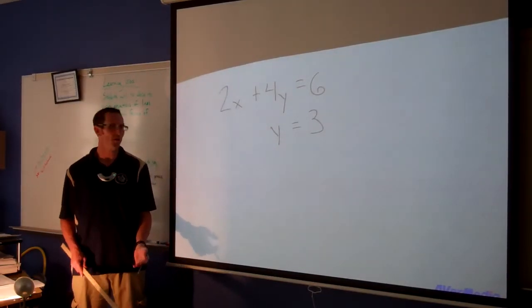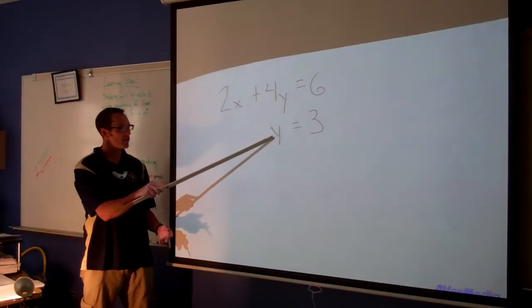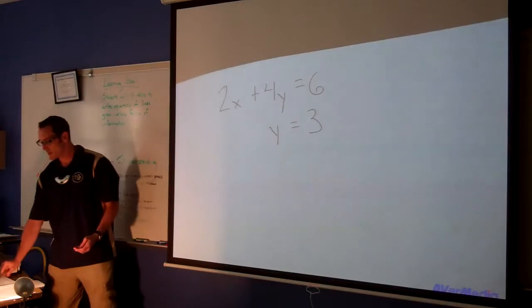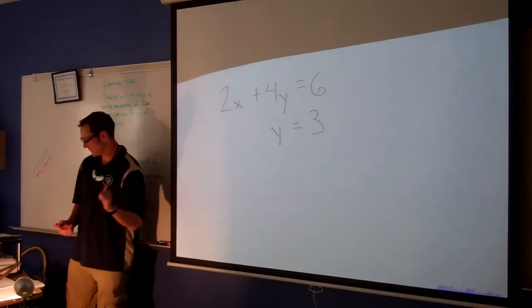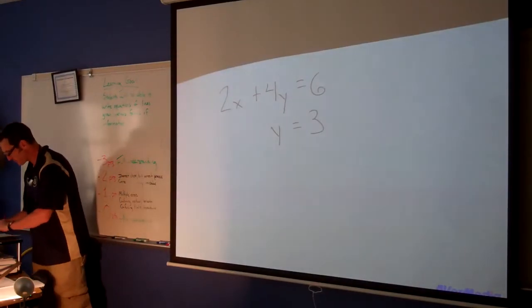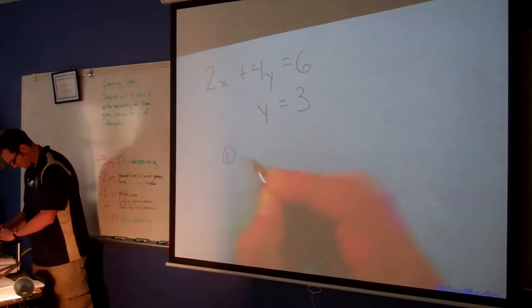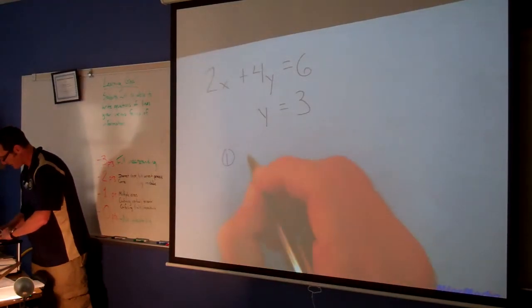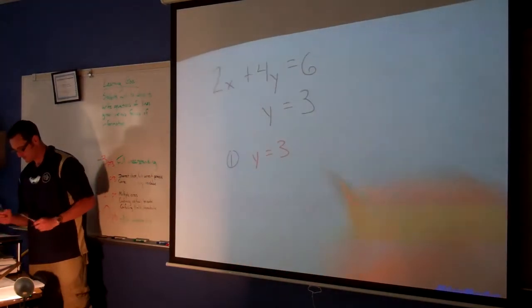And the answer to that question is obviously yes, we know the value of y. This equation is telling us y equals 3. So we have answered the first step. The first step was to find the value of one of the variables, and we know what that is. The value is y equals 3.